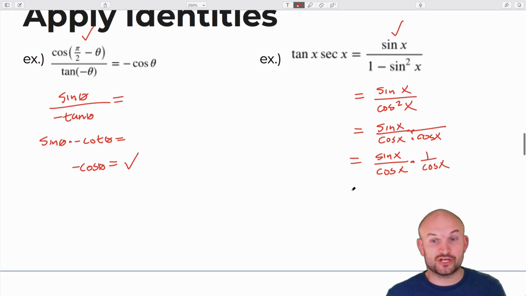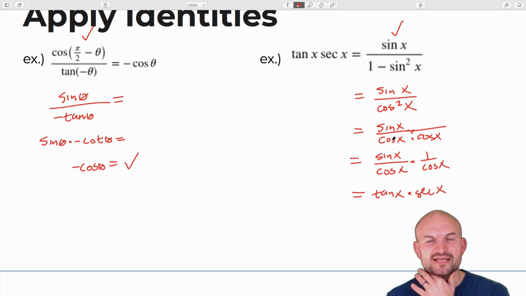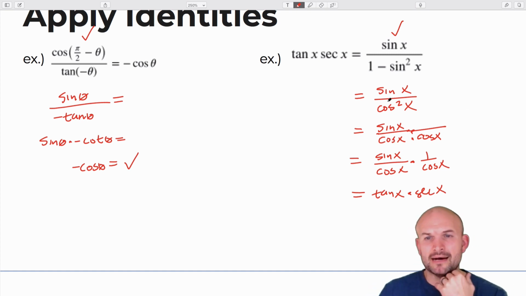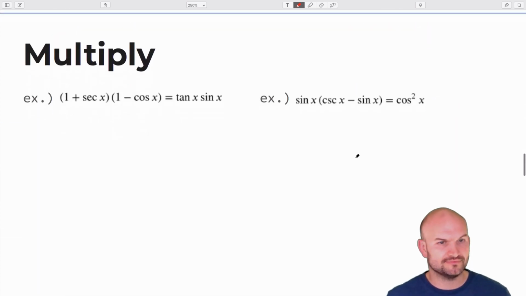But a lot of times I just grouped them for my students and said, yep, see how it works? Tangent of x times secant of x. I don't ask my students to show all this work, but I wanted to show this because I can imagine when I was a student, this would be confusing to me. But again, cosine squared is cosine of x times cosine of x. So you can break those apart and group the sine of x over cosine of x to be a tangent of x. And therefore now you can see the right side is equal to the left side.